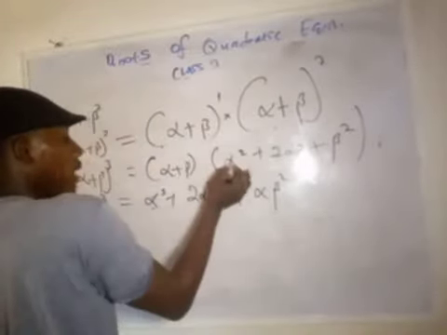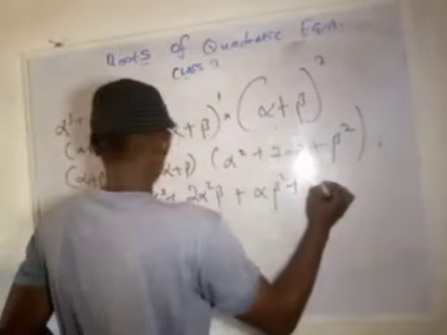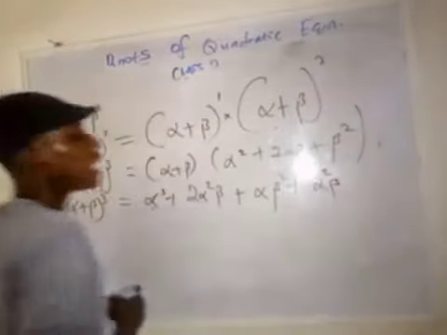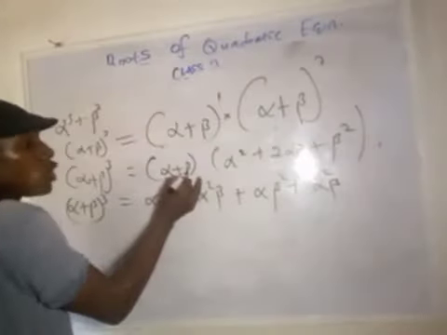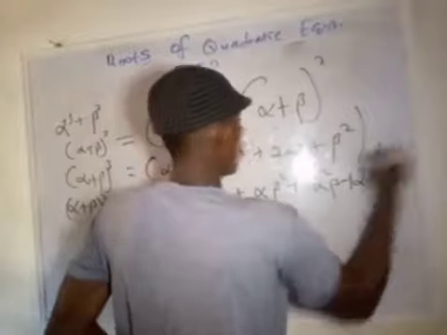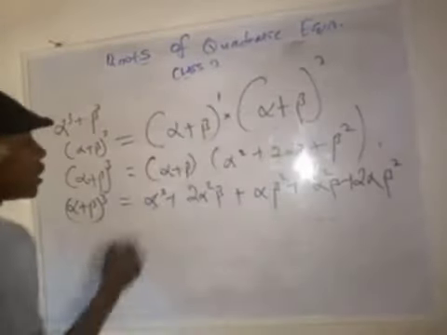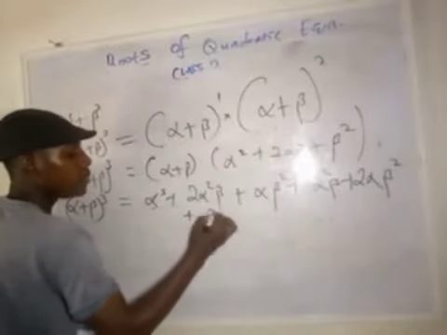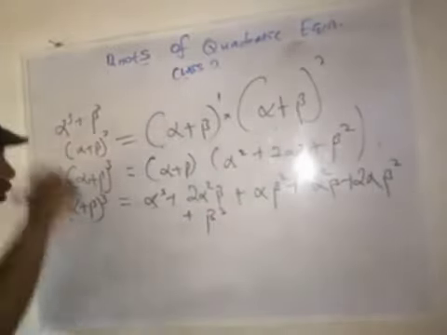Now, this beta will also multiply this to form plus alpha squared beta plus alpha squared beta. This will also multiply this to form plus 2 alpha beta squared. Are you getting the point now? And this we also multiply this to give plus beta cube.